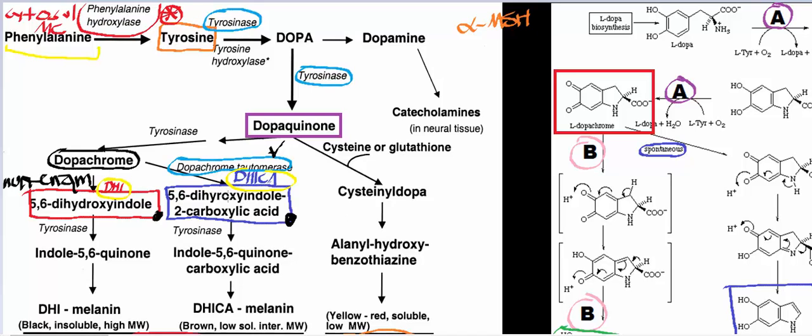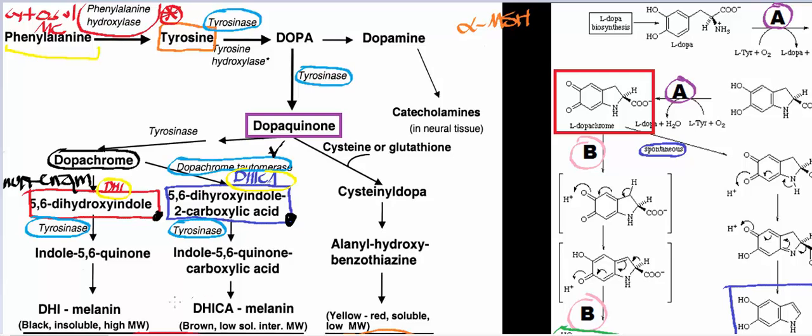They're not totally active. They first have to be oxidized by tyrosinase once again into their respective quinones. And I do want you to know the names of these quinones: indole quinone and indole quinone carboxylic acid.